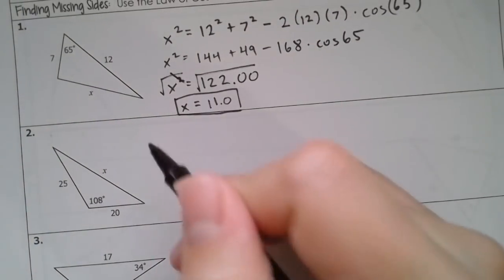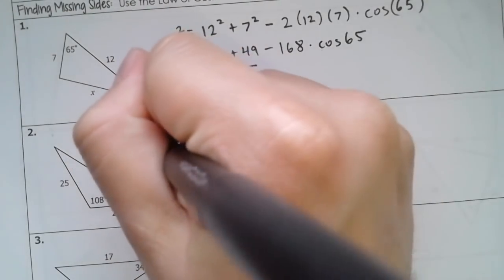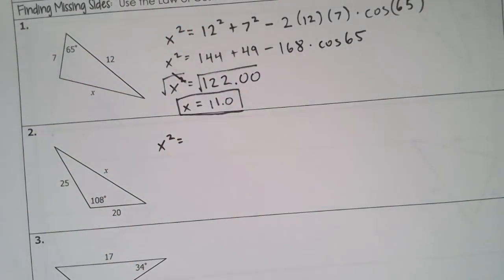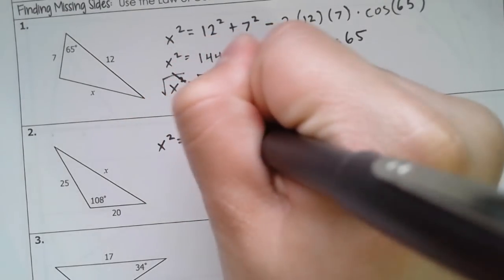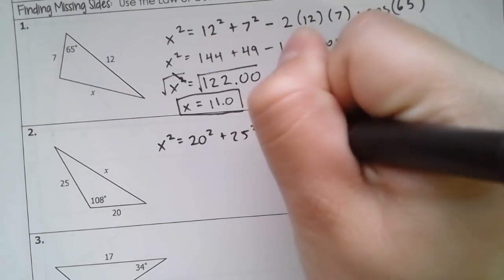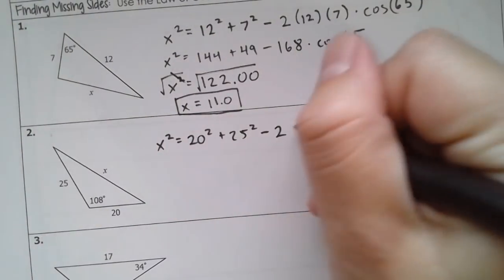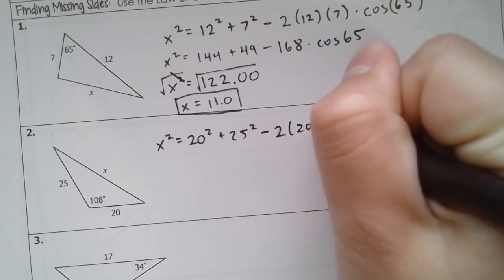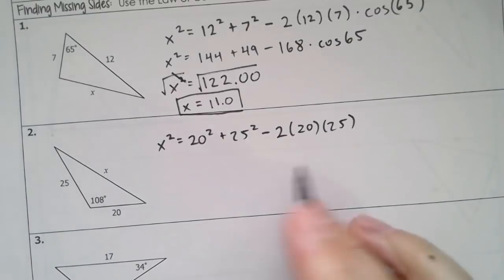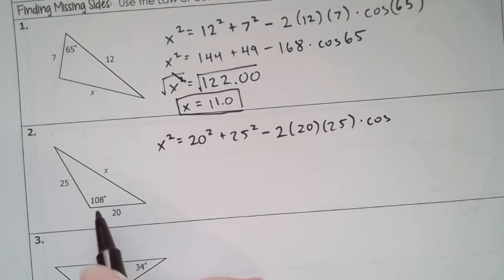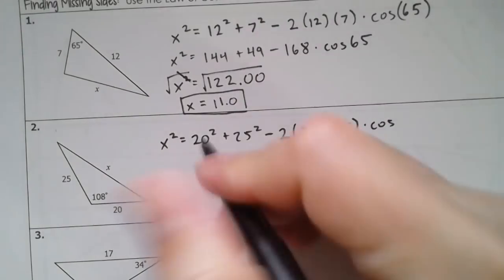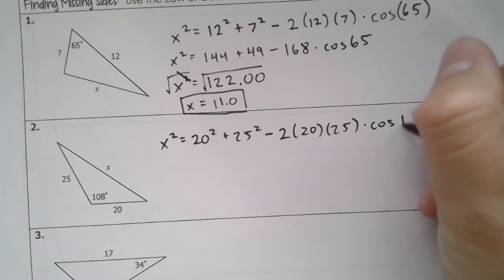So I'm finding x. So x squared is equal to the sum of the squares of the other two. So 20 squared plus 25 squared minus 2 times the product, 20 times 25, 2 times 20 times 25, times the cosine of the angle that is opposite to the side you're finding, so 108.